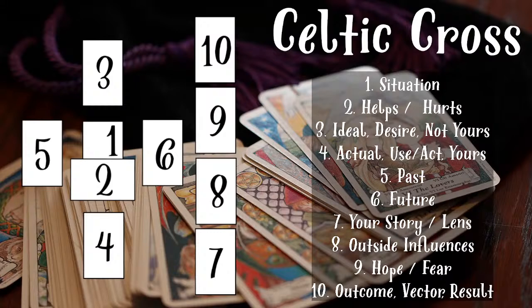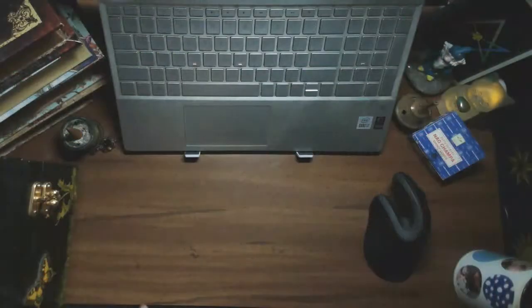If there's a certain question in mind, then that will change the meaning of that original position. And so let's do a general reading then. We'll jump to the deck.